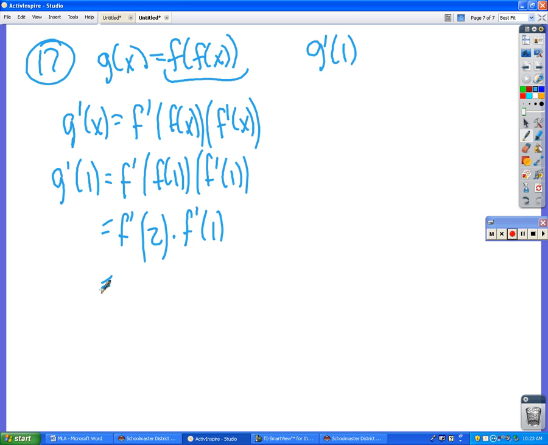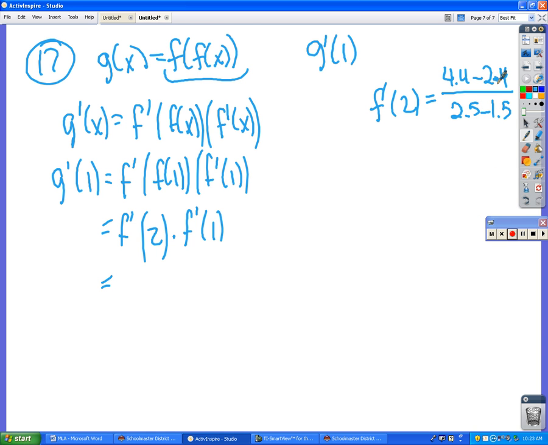Now this table that they give us only gives us the values and not the derivatives. And that's why it says use the table to estimate. So if I'm going to estimate the value of f prime of 2, I'm going to look at the values right around it, and I'm going to basically do the slope thingy from there. So f prime of 2 is going to equal 4.4 minus 2.4 over 2.5 minus 1.5.